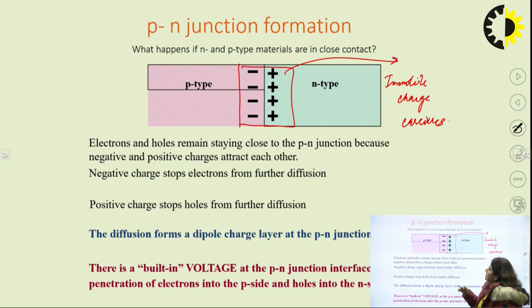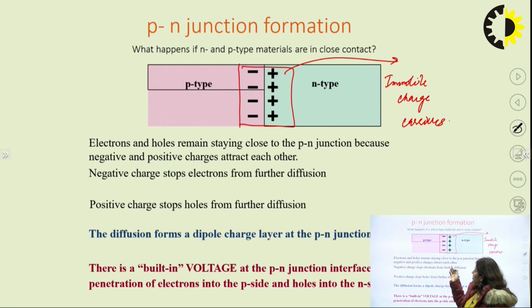When the holes flow from P side to N side, they will create a positive layer on the N side, and when electrons flow from N side to P side, they will create a negative layer of charge on the P side.